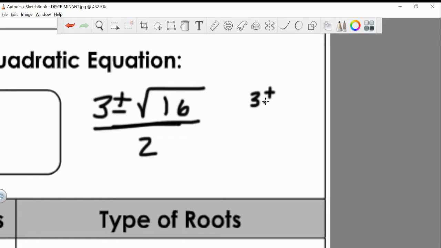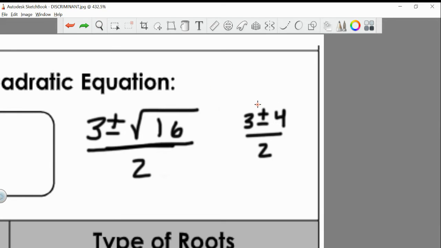So we have 3 plus or minus 4 over 2. And what's weird about this is that our square root is gone, right? And now, can we do 3 plus 4? Yeah. So actually, this question right here is going to give us two answers that are regular old numbers.